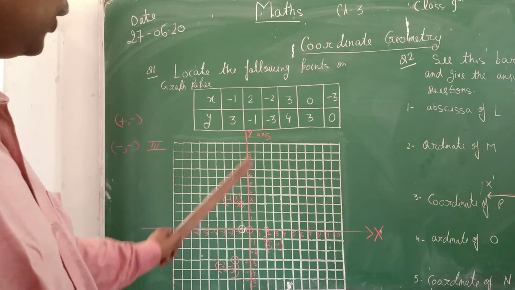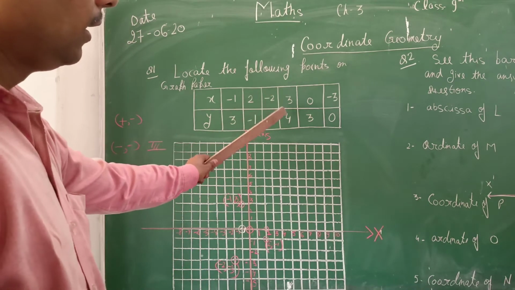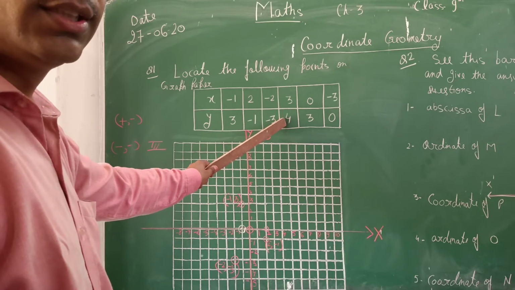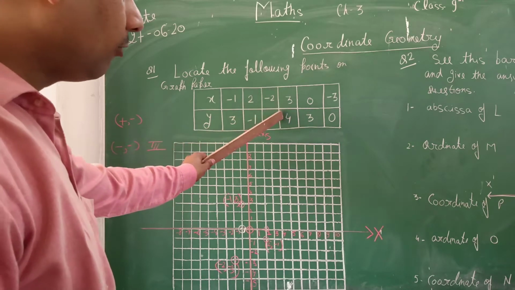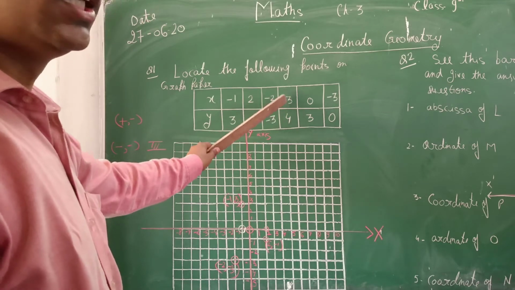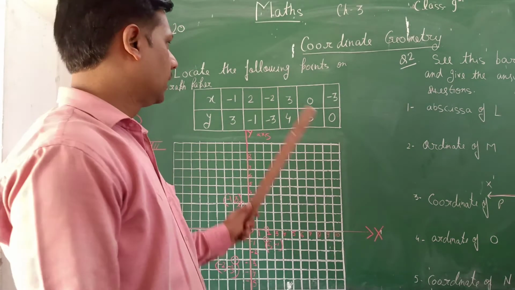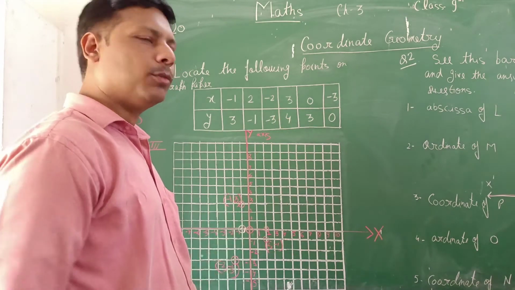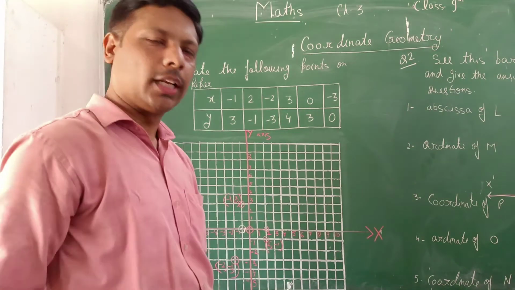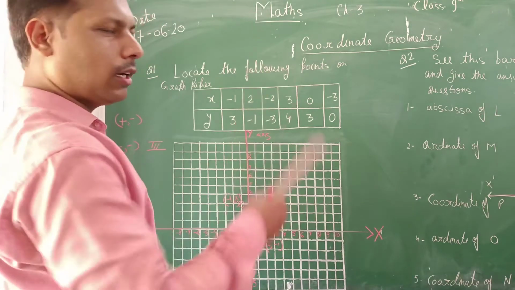Okay, the next point is (3, 4). Both the numbers have positive signs, 3 and 4. So move to the right side for 3 and upside for 4.